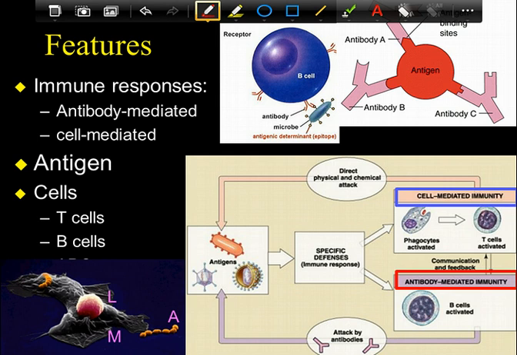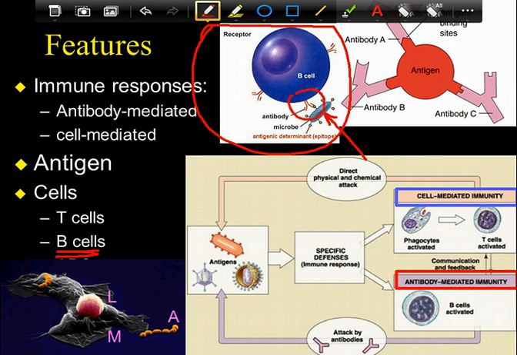Let's go antibody-mediated. B cells. Alright, so here's a B cell right there. By the way, B cells can also phagocytose antigen. You can see the antigen, a bacterium, right there. It attaches to the antigen by a recognition molecule, a type of antibody, a particular type of receptor.